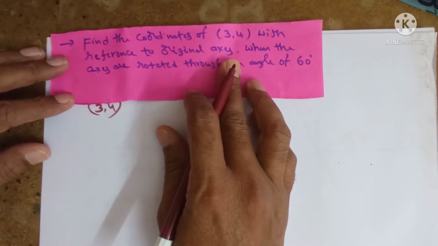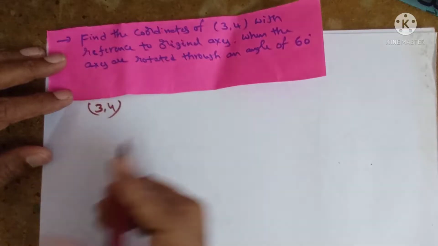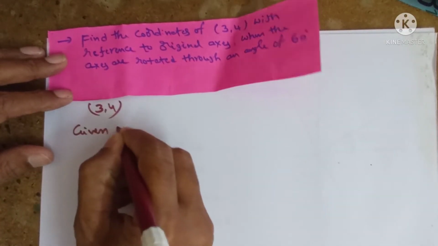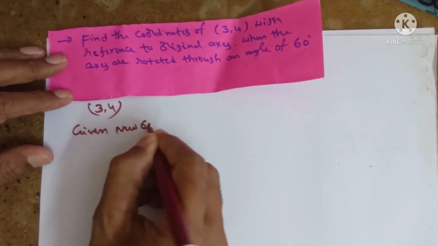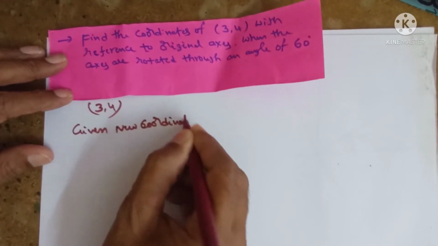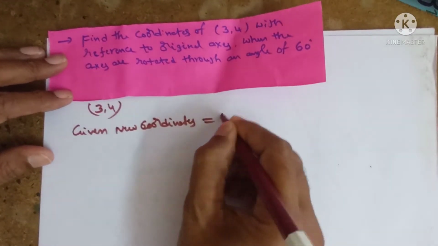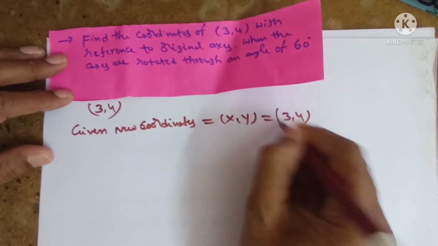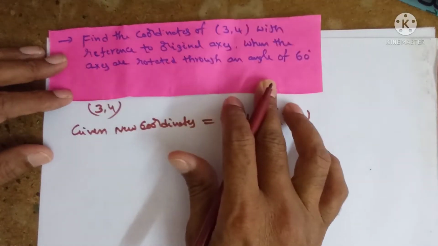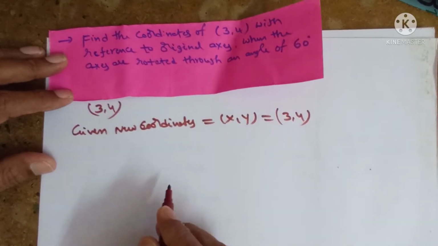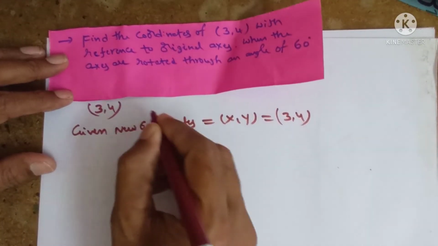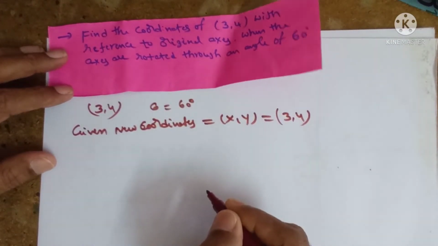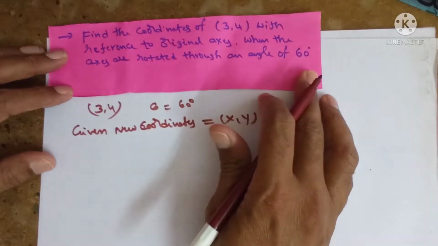Given is the new coordinates: capital X capital Y is equal to (3, 4). We have to find the original. Theta is equal to how much is given? 60 degrees.